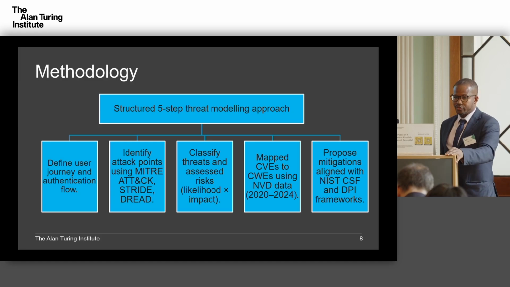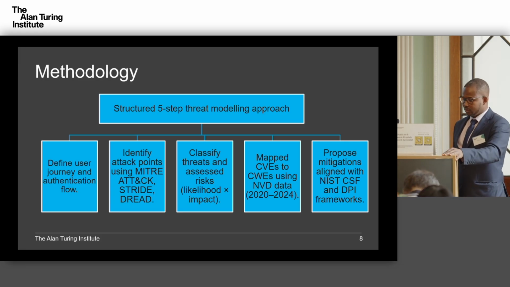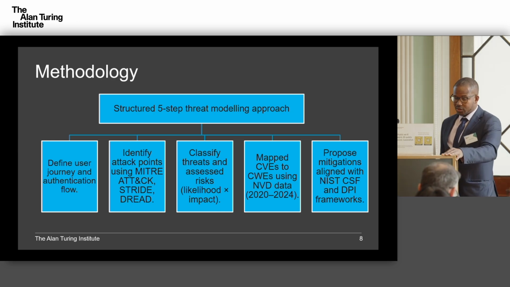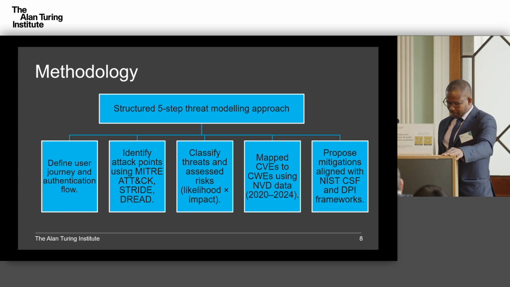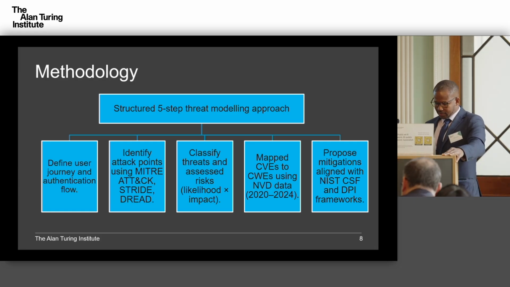Then, using STRIDE, DREAD, and the attack strategies, we identified the attack points, classified the threats, and mapped them to the common vulnerabilities and common weaknesses that exist using the 2020 to 2024 data that we sourced from the national level. Then we adopted mitigation strategies that align with the NIST, CFI, and the DPI frameworks.